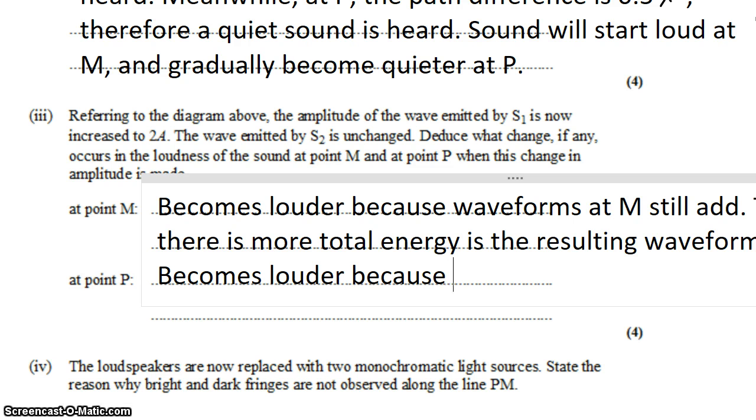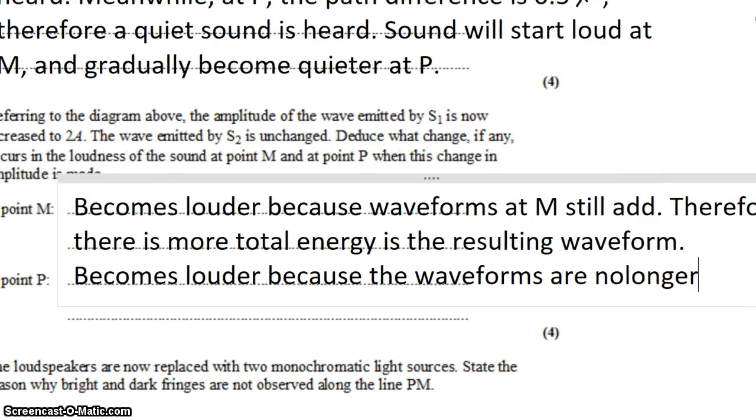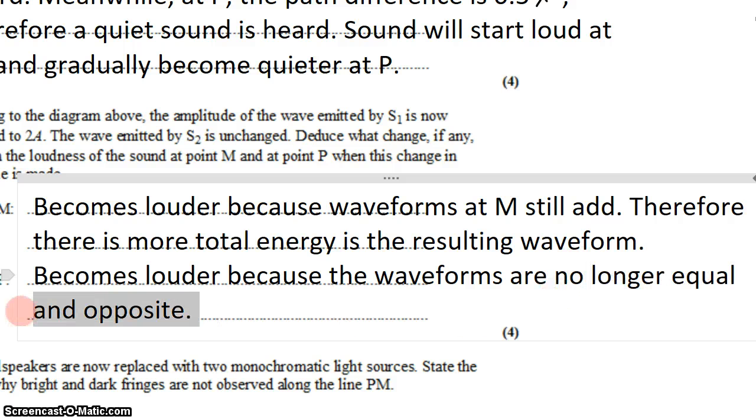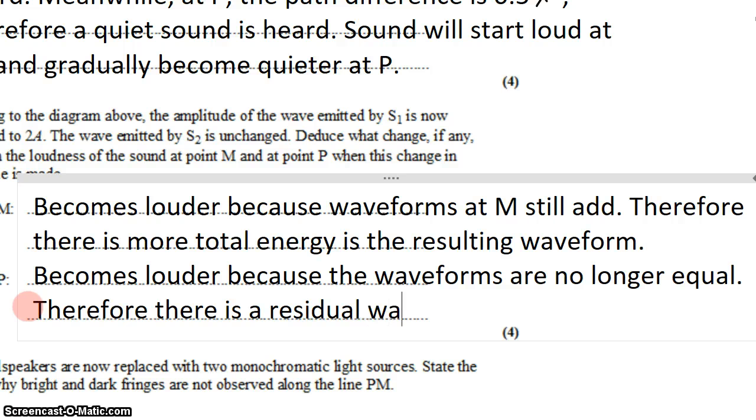The idea here is that the waveforms are no longer equal and opposite. They're still opposite, but not equal. Therefore, there is a residual waveform at P. Because they're still doing opposite things, but one is bigger than the other, when they cancel, they don't totally cancel.